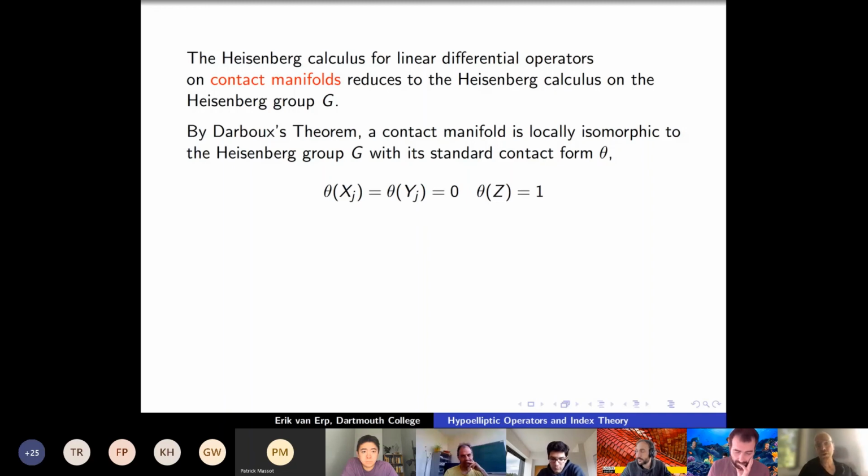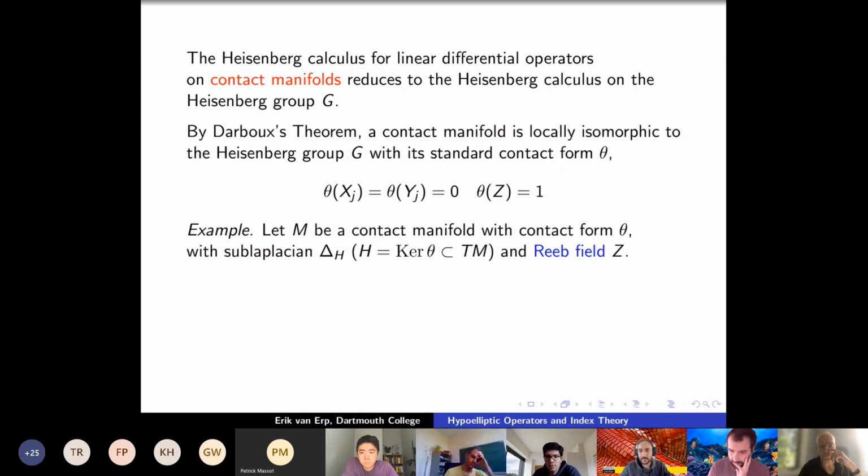Anyway, again, all of this is local. So if you can do it locally on the Heisenberg group, you can do it on a contact manifold. So the same thing: say you have a contact manifold with a contact form. To make a sublaplacian, you have to make some choices. You need a metric on H, a sub-Riemannian metric. And then Z is just the Reeb field of the contact manifold, and you can do the same thing.